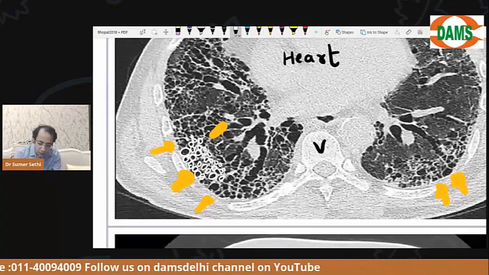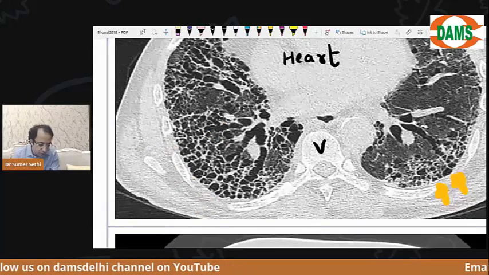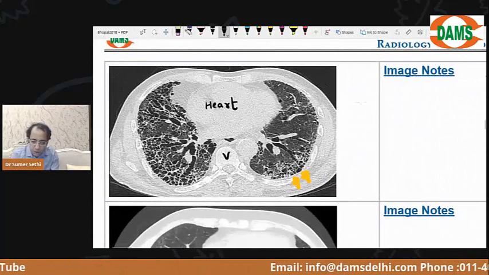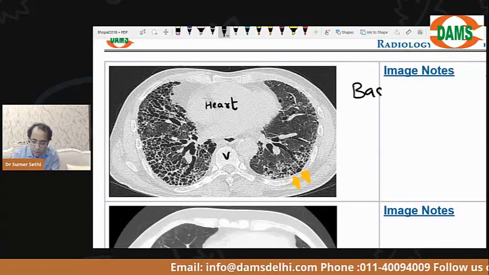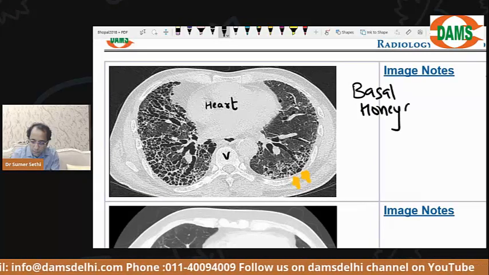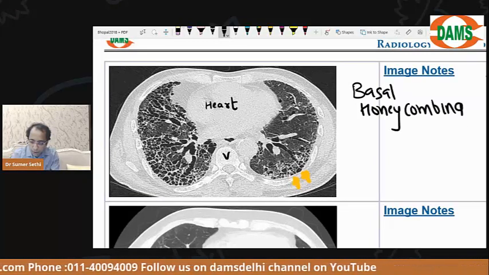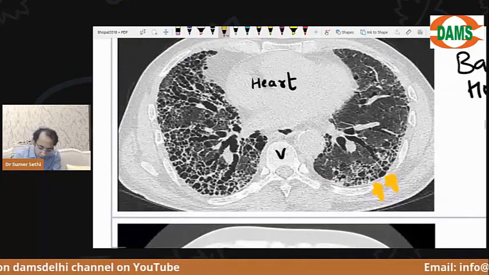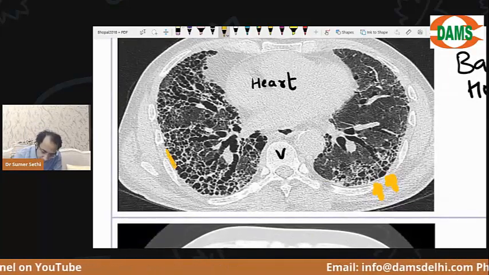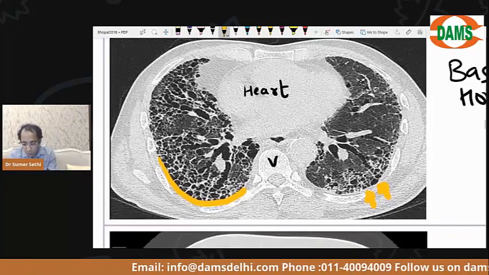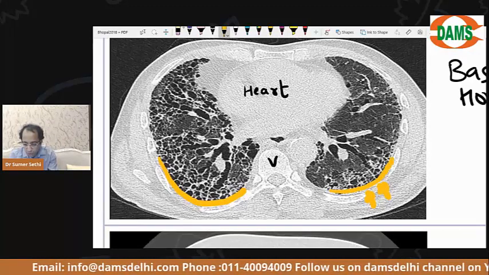This is called as honeycombing. So what do we see in this patient on a CT scan? We can see basal honeycombing. Is this disease touching the pleura? Yes, honeycombing is reaching till the pleural line. This must be the area where the pleura must be.